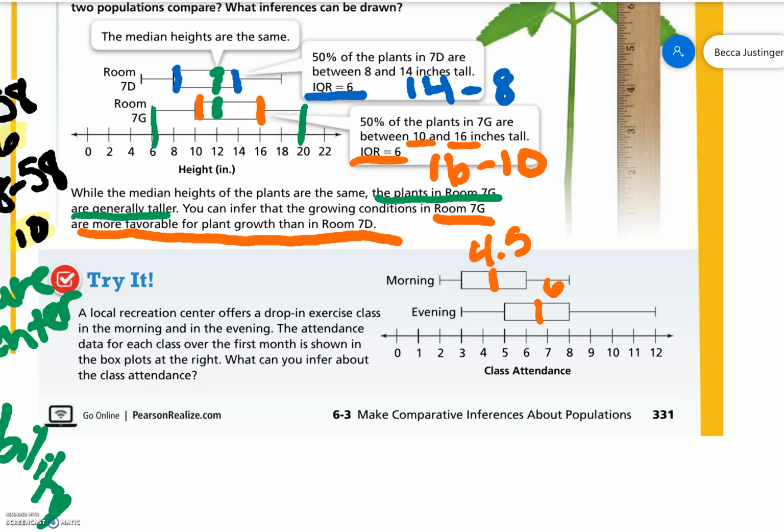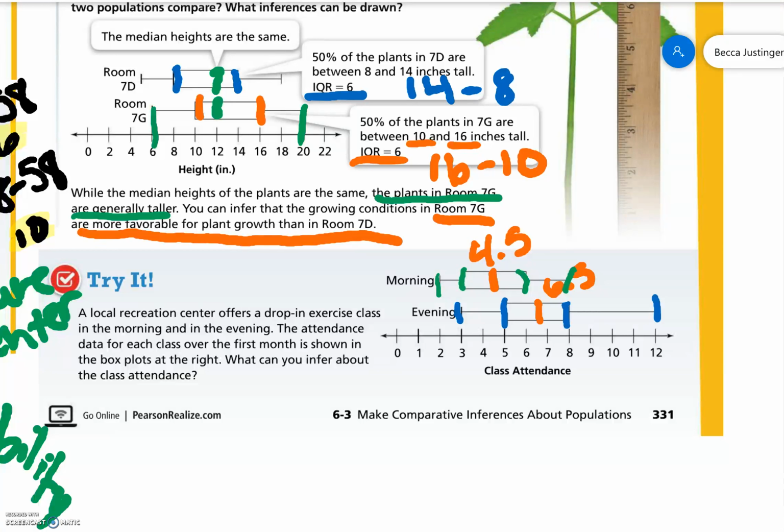And in the evening, you get a median of 6.5 people. In the evening, it goes from 3 people to 12 people is the whole range. And the interquartile range is 5 to 8. Where in the morning, it goes from 2 to 8 people. And the interquartile range, 50% of the data is from 3 to 6.